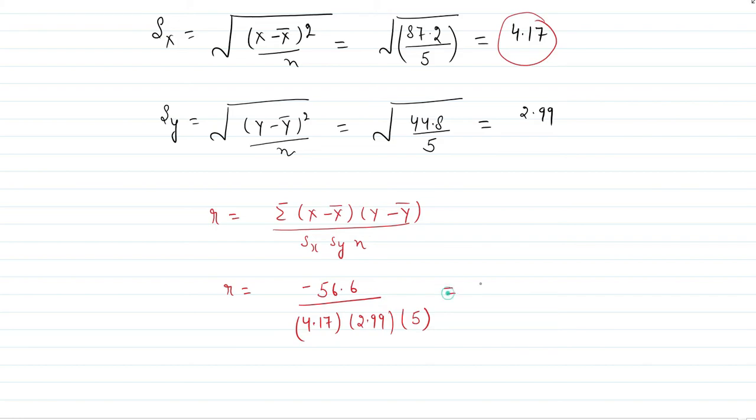Which comes out to be minus 56.6 divided by 62.34, and the result is minus 0.90. So the value of the Pearson correlation coefficient is minus 0.90.